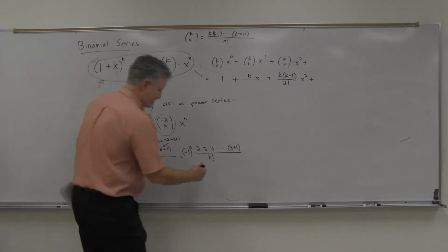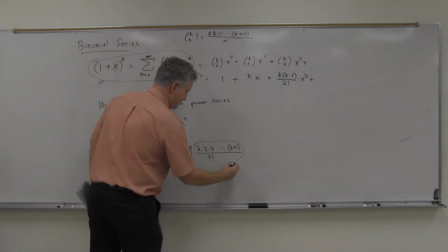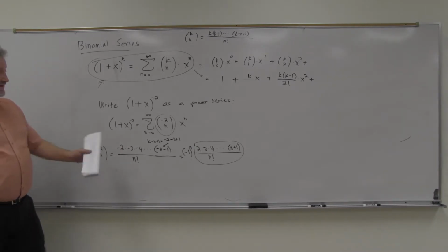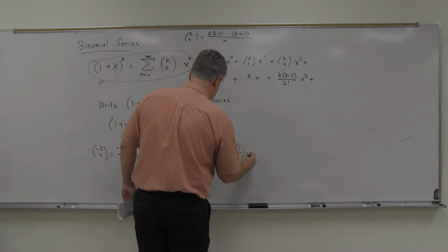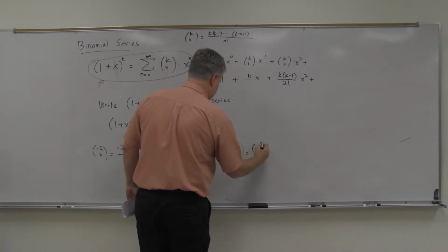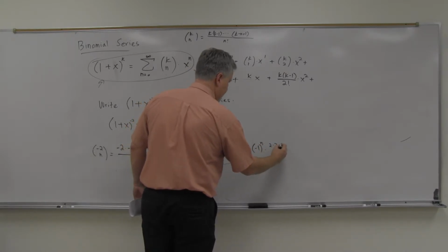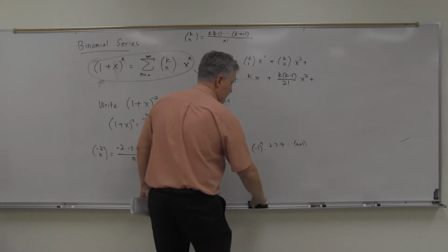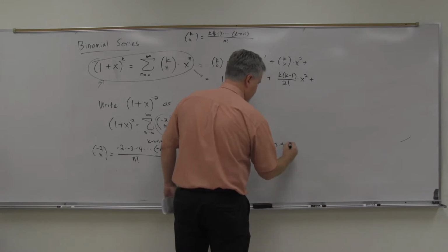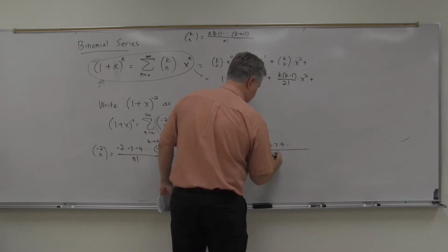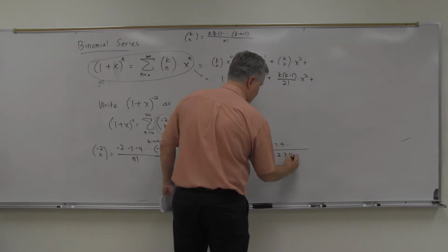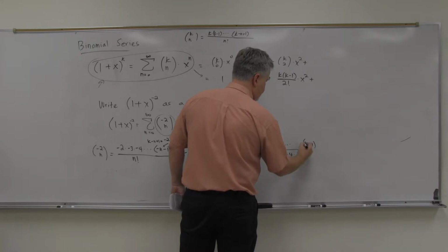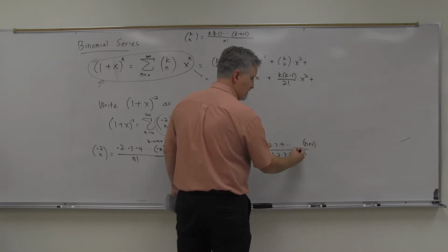However, this is what I was alluding to earlier. There's a little more simplifying there, isn't there? Because n factorial is 1 times 2 times 3, all the way up to n. This goes up to n plus 1, so the term right in front of that would be n, wouldn't it?